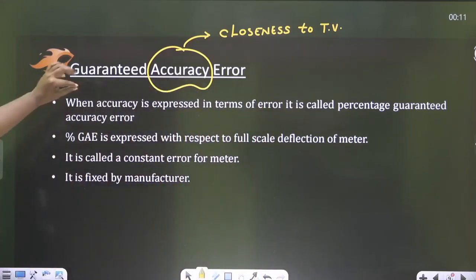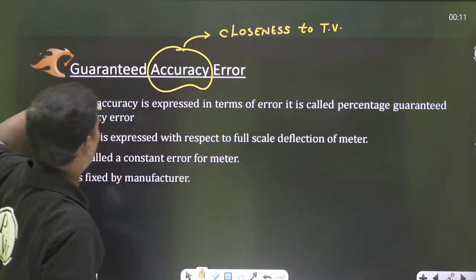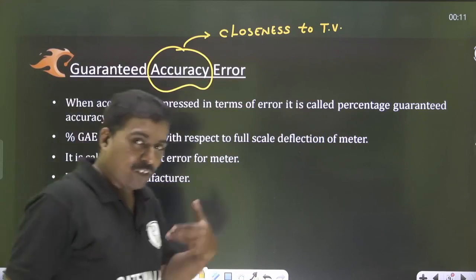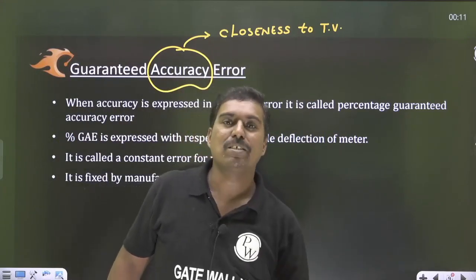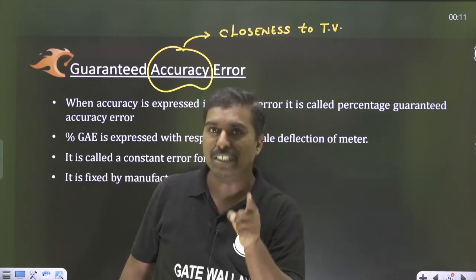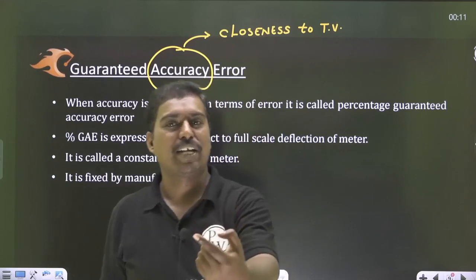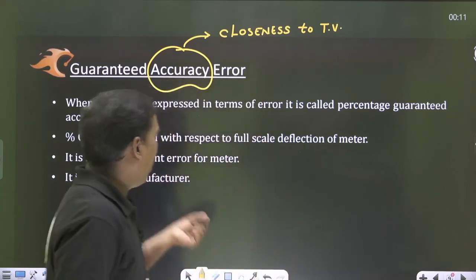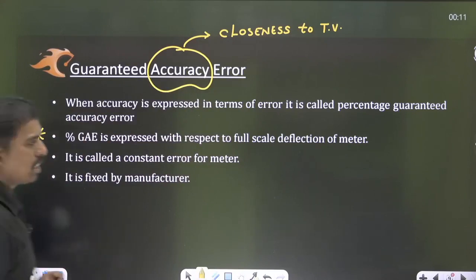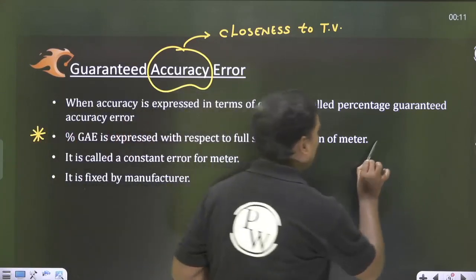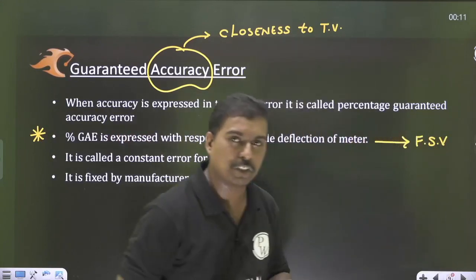When accuracy is expressed in terms of error, it is called percentage guaranteed accuracy error. Actually, accuracy means closeness to the true value, and it is expressed in terms of error. Always remember, this guaranteed accuracy error is always with respect to the full scale value.